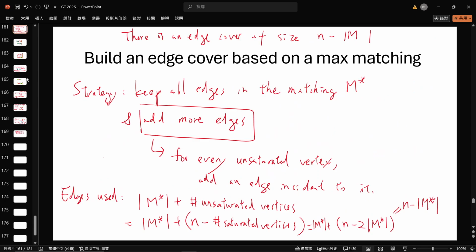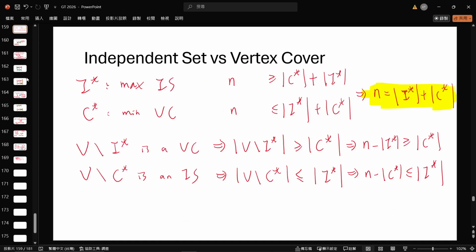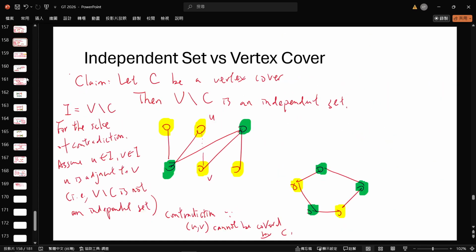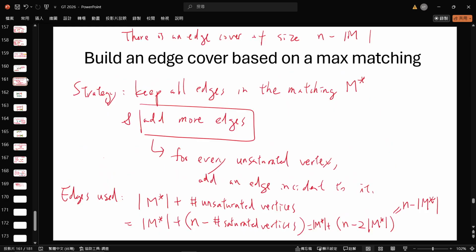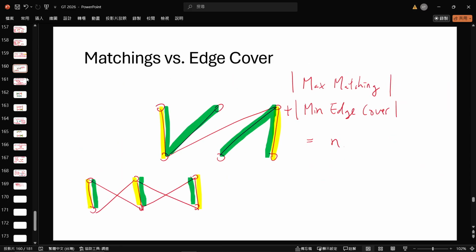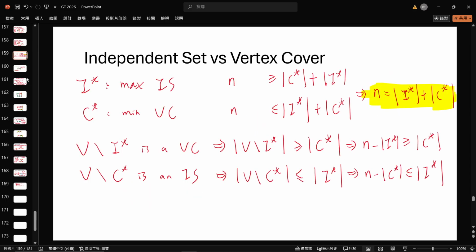All right, so back to graph theory. Last week we discussed four different problems, namely independent set and vertex cover.